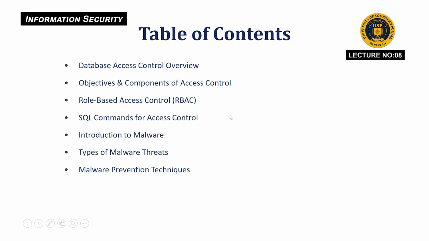This lecture has two main parts: database access control, and malware and cybersecurity threats. By the end of this lecture, we will understand how databases are protected, how user permissions are managed, what malware is, different cyber attacks, and how organizations defend against these threats.